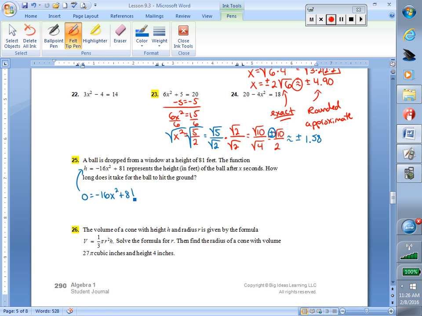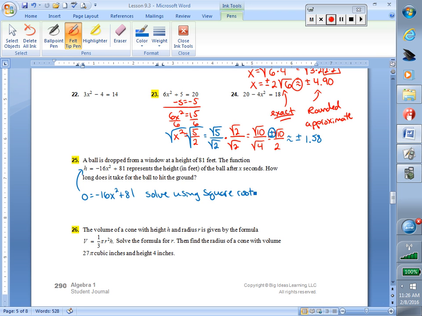And now instead of worrying about trying to factor it or trying to graph it or make a table of values for it, take a look. All I have is an x squared term. I don't have a plain old x in there. So I could solve this using square roots.